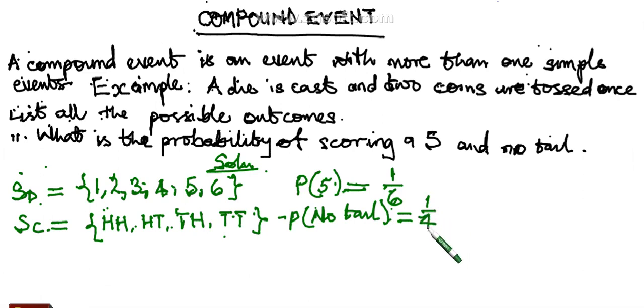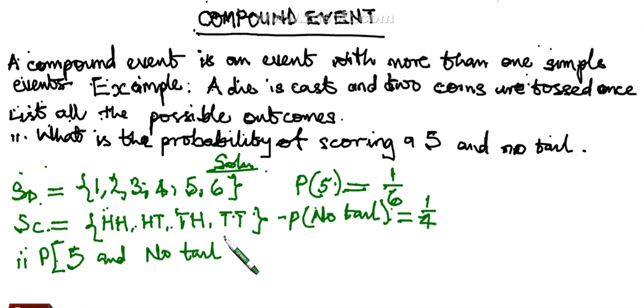Good. Now we are being told to find P of a 5 and no tail. Anytime you encounter the term "and" in mathematics, it means multiplication. So for the second part, P of 5 and no tail, the "and," as I said earlier, equals multiplication.